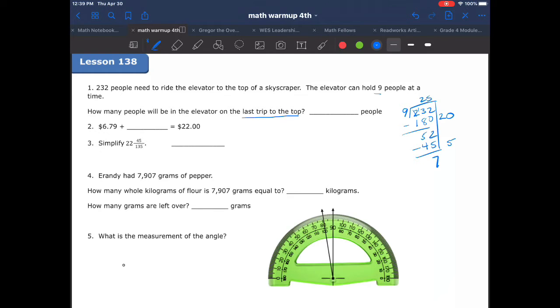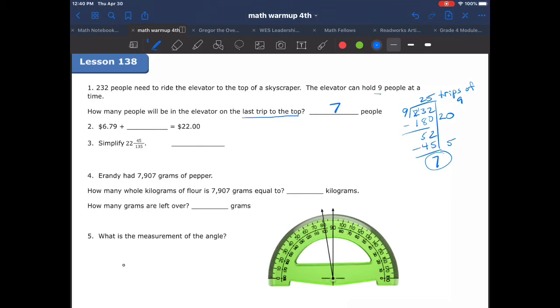So I have 25 trips of 9 people. Okay, and that has gotten all of them up except for these 7 that are left over. So the last trip is going to have 7 people. So that remainder 7, those are the 7 people that ride the elevator on the very last trip. So we'd actually have 26 trips to get everybody up there, right? Just the last trip would only have 7 people.